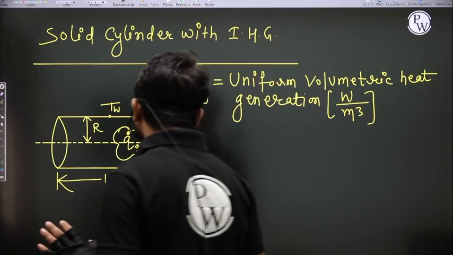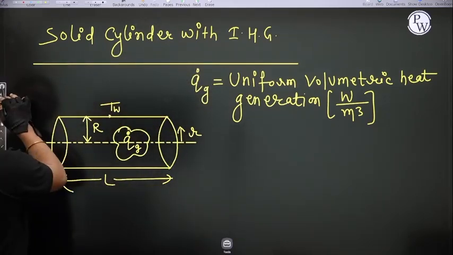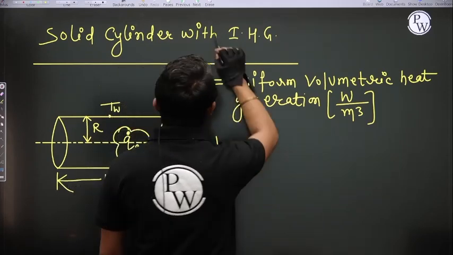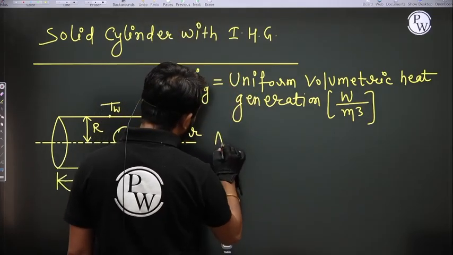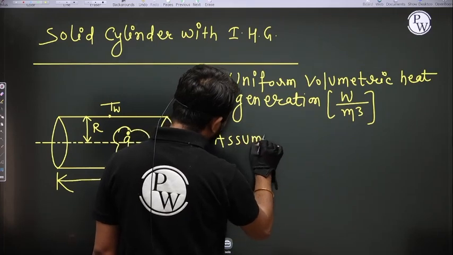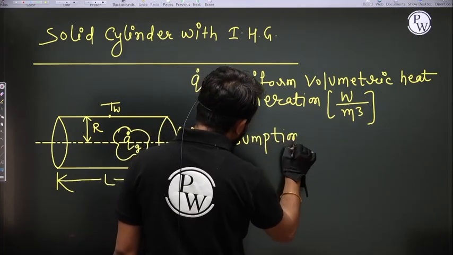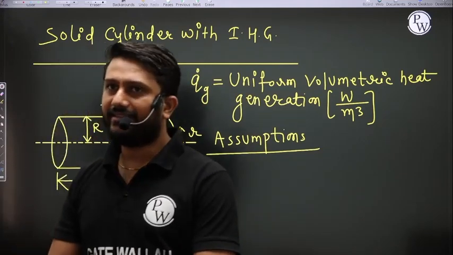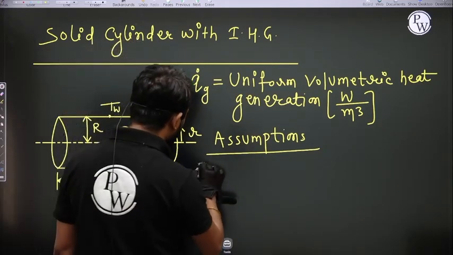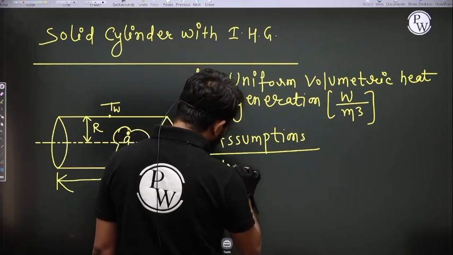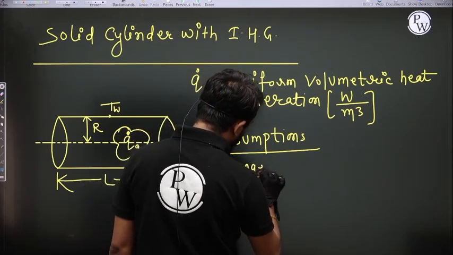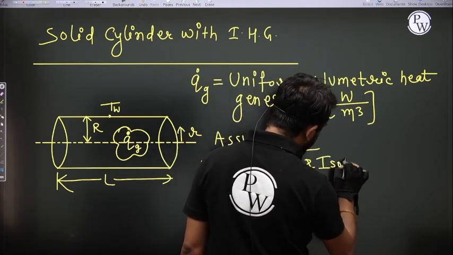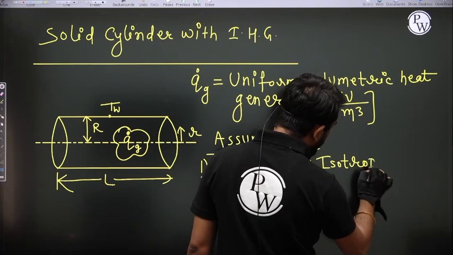So first understand the assumptions. The first assumption is that the material is homogeneous and isotropic.